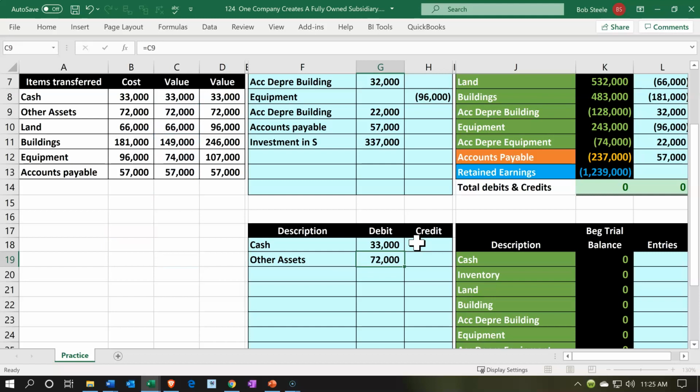We're going to debit the 72,000 to it for the other assets. We're going to then put in the land. Land is going up here by the 66,000. The building is going up, and here's that same tricky thing: the building, they didn't give us the accumulated depreciation, but rather the cost and the book value. Therefore, the building is going to go up by the cost that's being transferred.